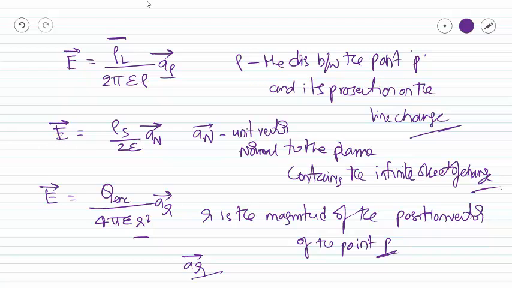So these are the three important results: electric field due to infinite line charge distribution, electric field due to an infinite sheet of charge, which is a surface charge distribution, and electric field intensity due to volume charge distribution. Okay, right?